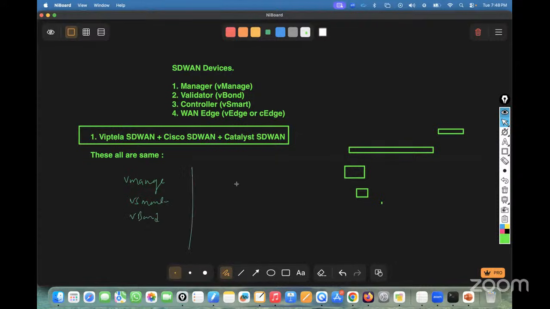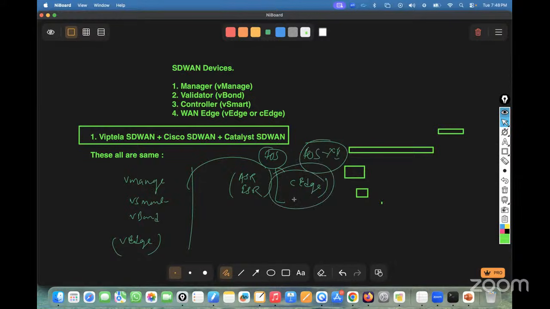But for existing customers, they started converting the ASR router, ISR router into cEdge. Means this becomes the Cisco Edge router. Means they developed the vEdge. But let's suppose the customer doesn't want to purchase the new router. So they offer, you can convert your legacy old iOS based router into iOS XE base. Means if you're going to use that feature, you're going to use that router as a Cisco SD-WAN router, and still you're going to use the same solution.